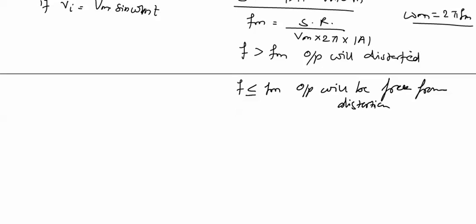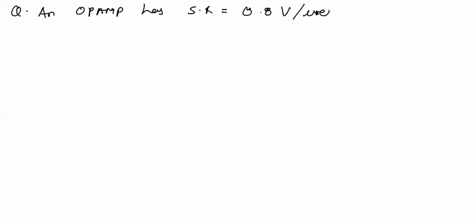Now we'll see one example on slew rate. An operational amplifier has slew rate equal to 0.8 volt per microsecond. The input signal is 0.25 sine omega t.